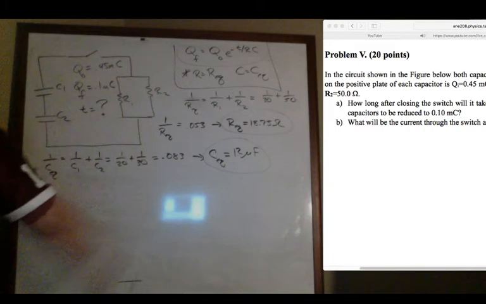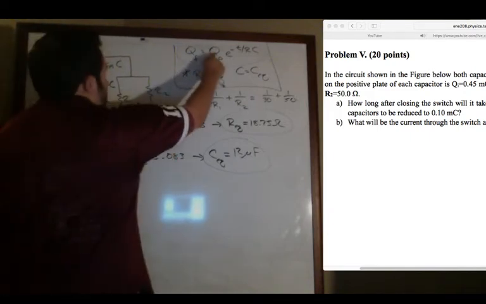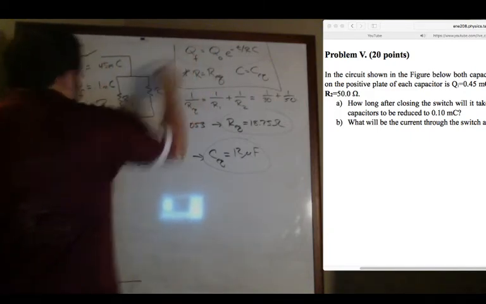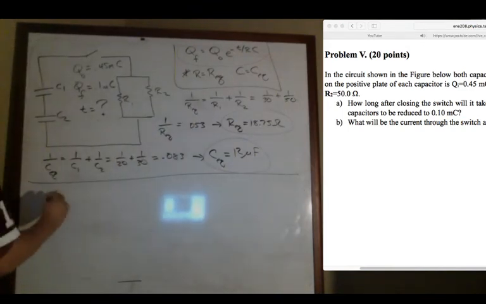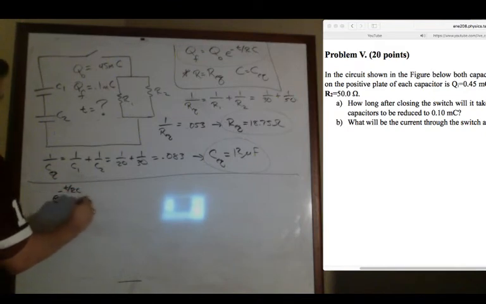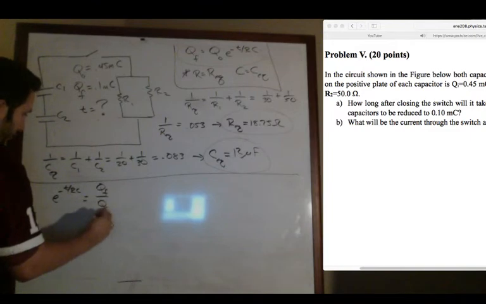And so now we're just doing some basic Cal 1 algebra in order to find out what t is. So first thing I'm going to do is take this Q naught and divide it to the other side. Now we have e to the negative t over RC is equal to Q_F over Q naught.